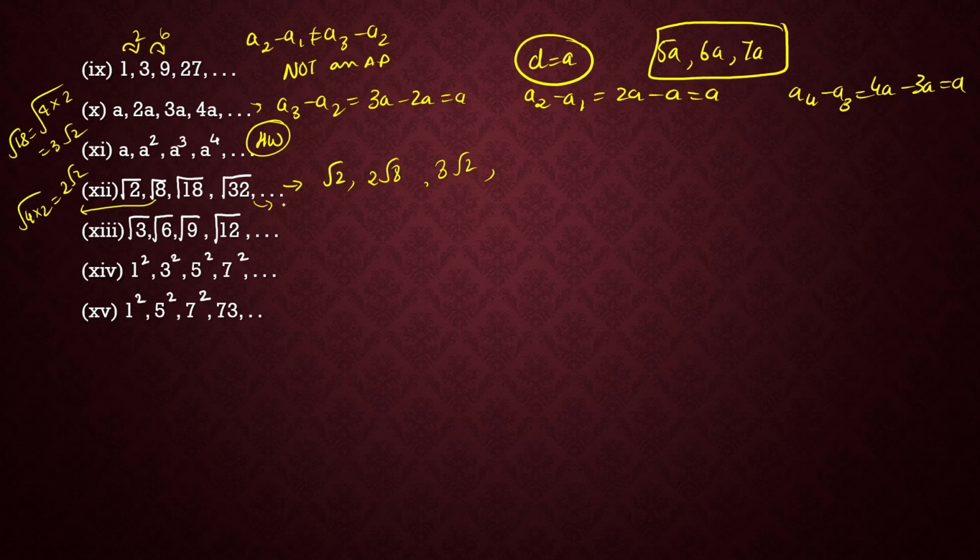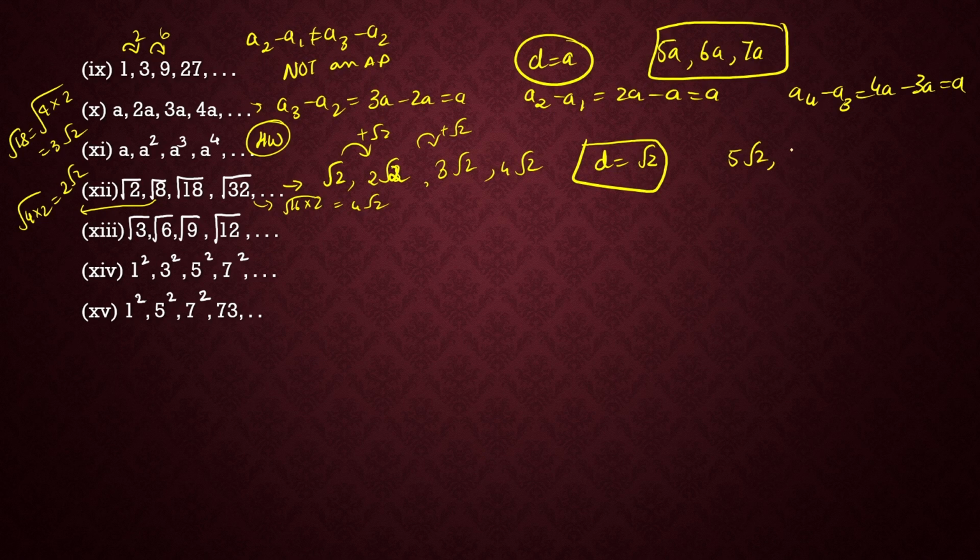Similarly, root 32 can be written as root 16 into 2, which is equal to 4 root 2. Now see, here the common difference is equal to root 2. Why is that so? You're adding root 2 each time. Then what about the next terms? It is 5 root 2, 6 root 2 and 7 root 2.